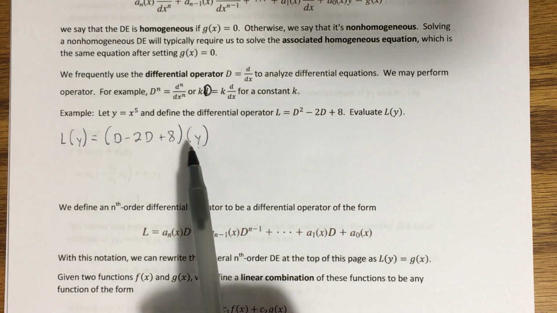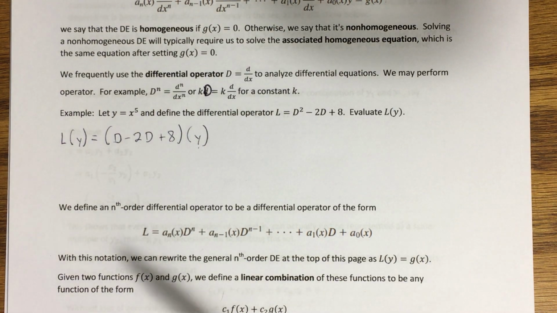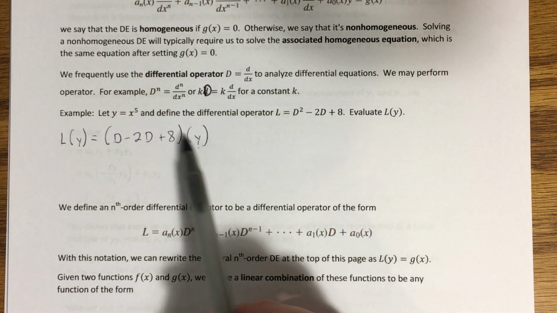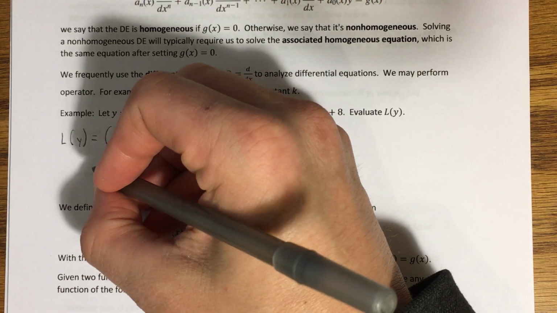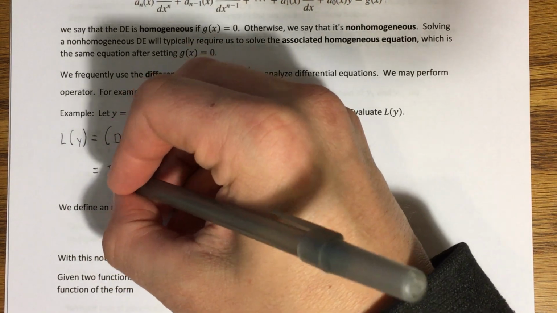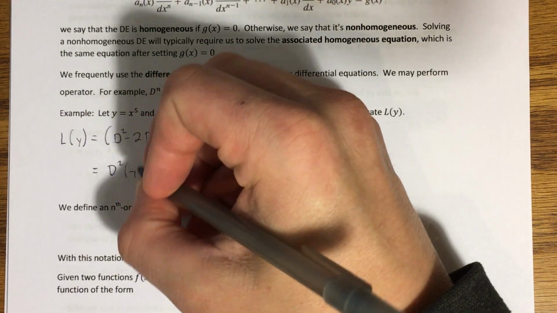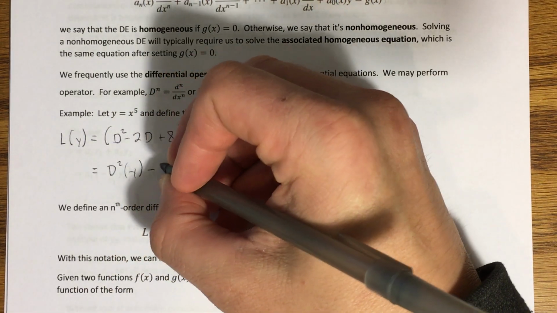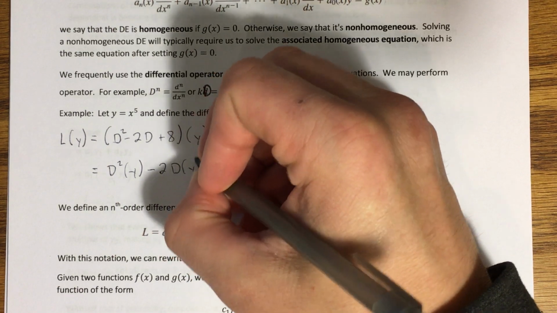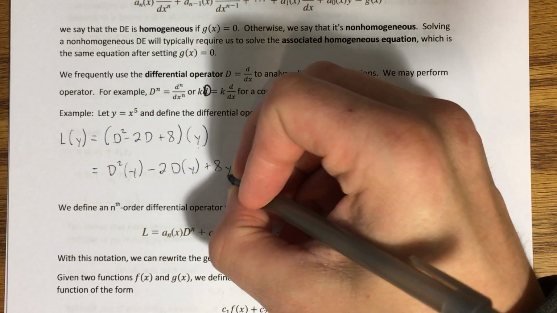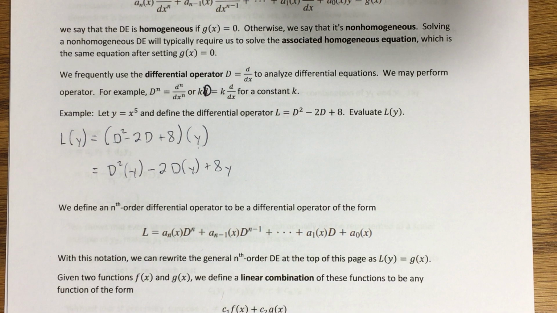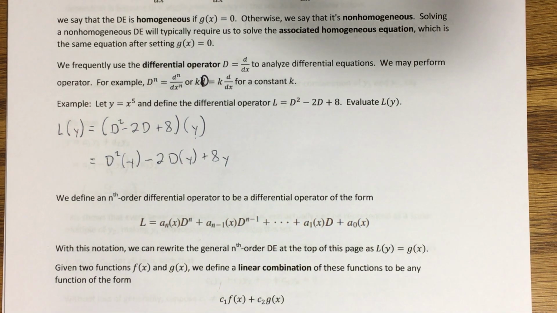Now, evaluating this is going to feel like multiplication because it's going to look like I'm distributing this y in. But technically what this means is D squared of y minus 2D of y plus 8y. That 8 just gets multiplied to that y. That's all that part means.